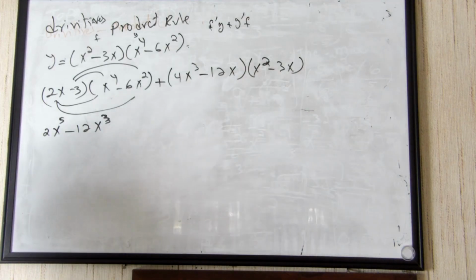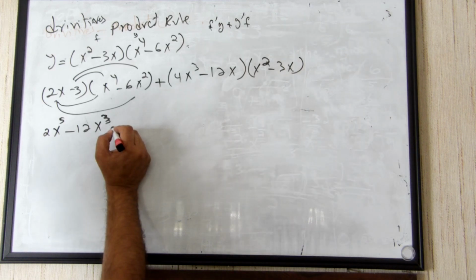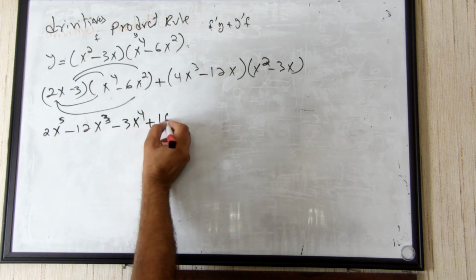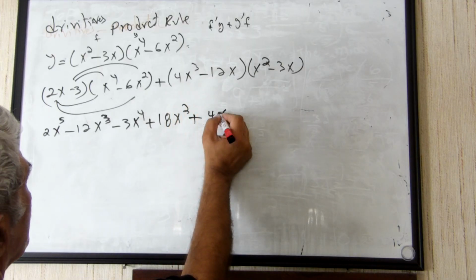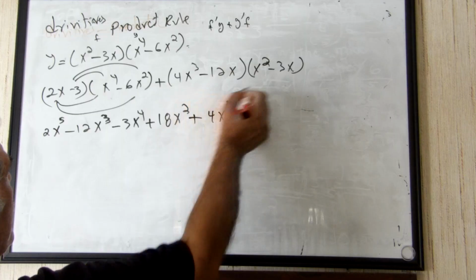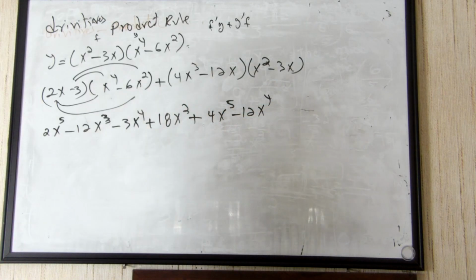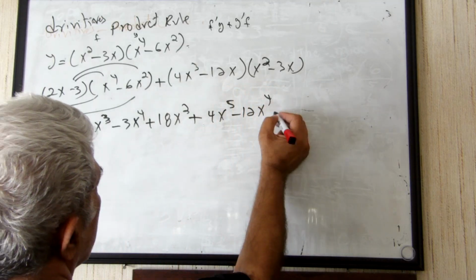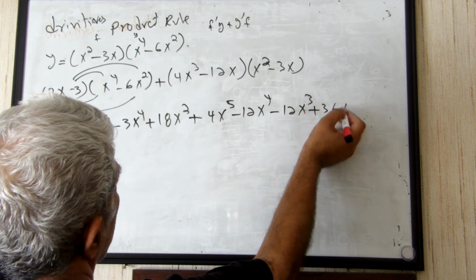And then this one is minus 3x^4 plus 18x^2. And then this one is 4x^5, this one times this one, minus 12x^4, minus 4x plus x^4 minus 12x^4, this times this one, minus 12x^3 plus 36x^2.